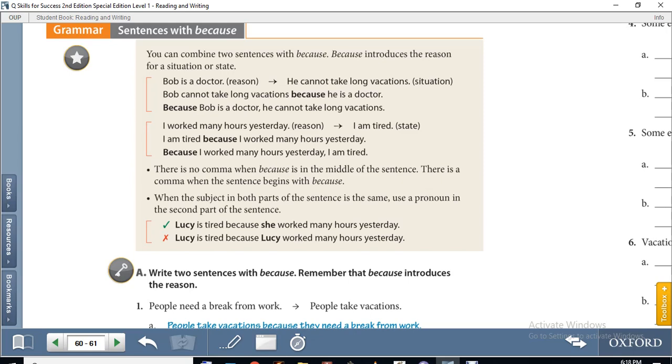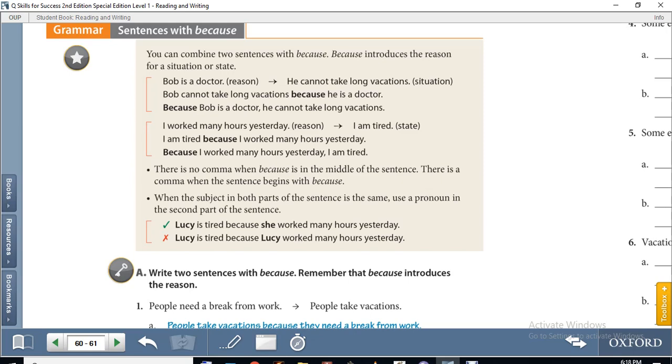If you want to use because at the beginning of a sentence, in initial position, you start with because followed by the reason. Because Bob is a doctor, but here you need to use a comma after the reason, a comma. He cannot take long vacations. Then the situation.